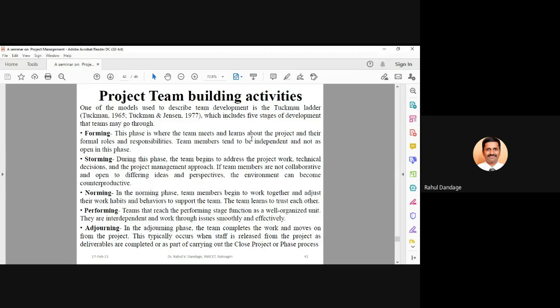The team members who have been brought together for completing a particular task, a particular phase of your project, or maybe the entire project, now the project is complete. The deliverables have been received, and now it is time that the people should move away from each other and start working with different teams, because obviously they will not be kept idle.